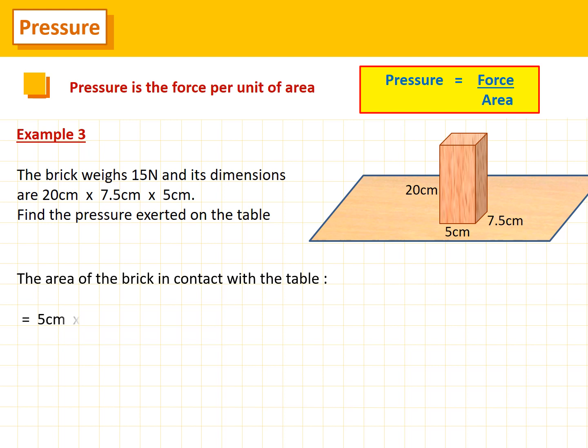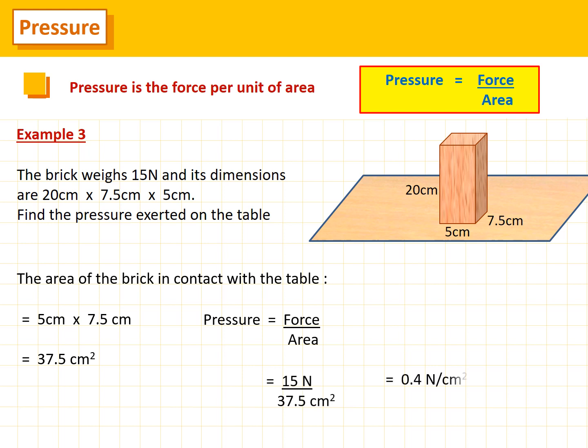So the contact area is 5 times 7.5, that's 37.5 squared centimeters. Force divided by area, it's the same force, 15 newtons, divided by a smaller area, and this time it's 0.4 newtons per squared centimeter, which is greater than 0.1 in the previous example.